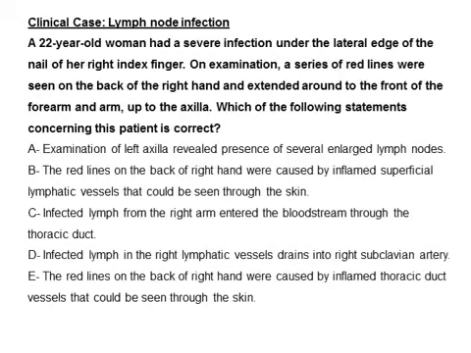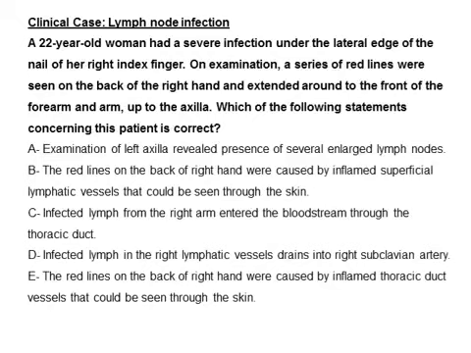So this is a case of lymph node infection. That woman has infection in the right index finger, and there are red lines seen on the back of her right hand extending to the front of the forearm and up to the axilla. So let's see the choices here and which one is correct.